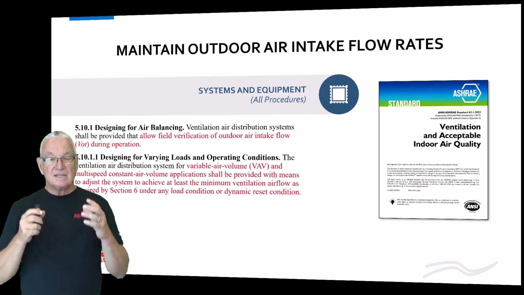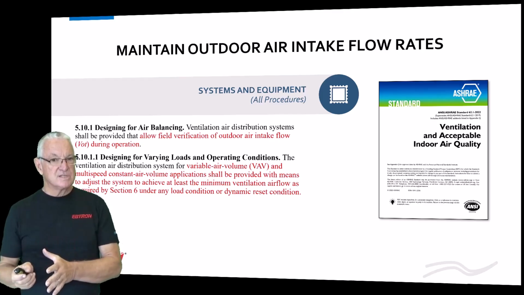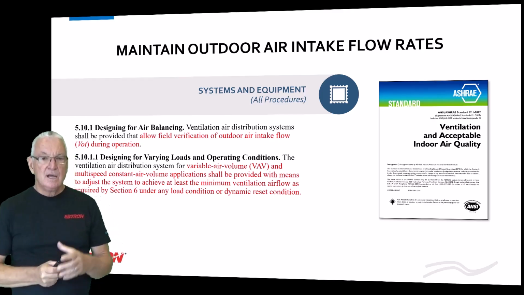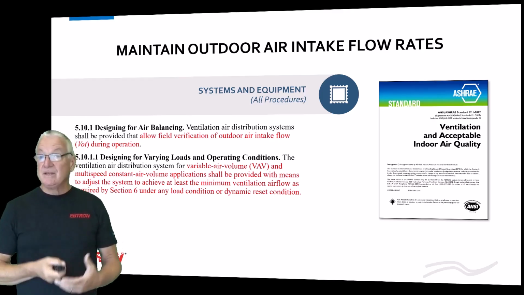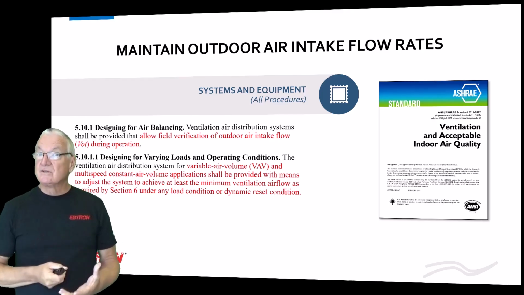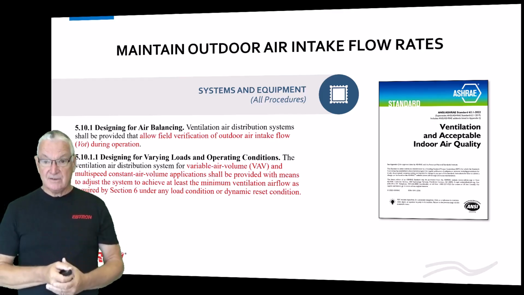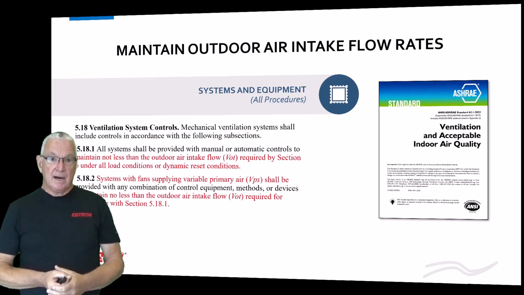And Section 6 is not just the ventilation rate procedure. It could have been the indoor air quality procedure, depending on where you're operating. Under any load condition or dynamic reset condition, you're only going to pull that off if you're doing active control. And you're really only going to pull that off if you're measuring outside airflow rates. Okay? That's the only way that I think it's going to work out.